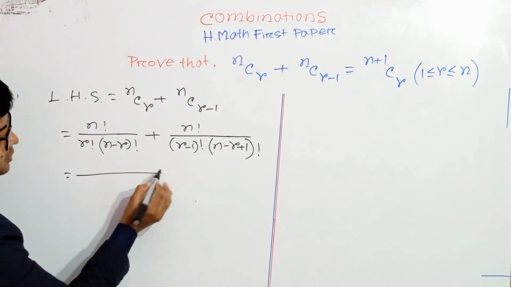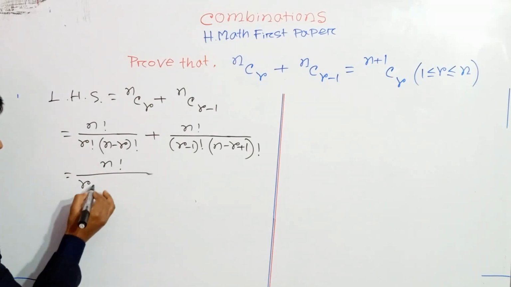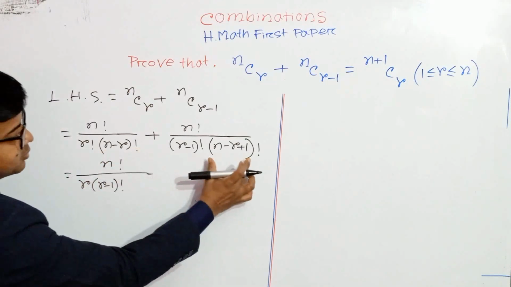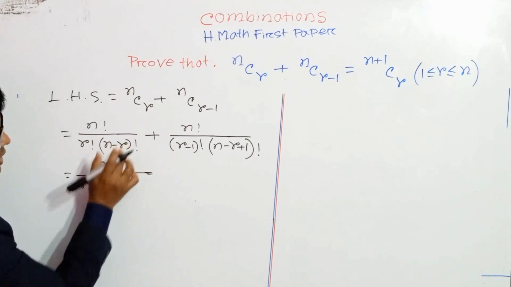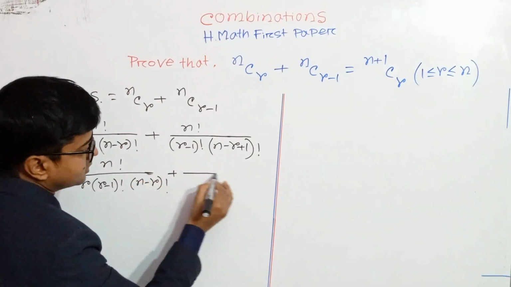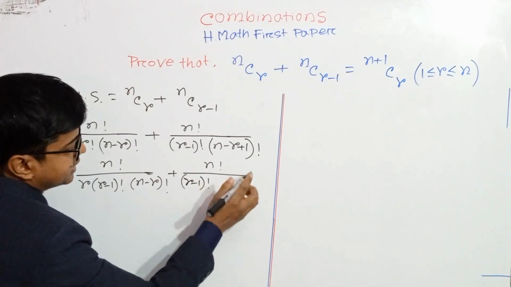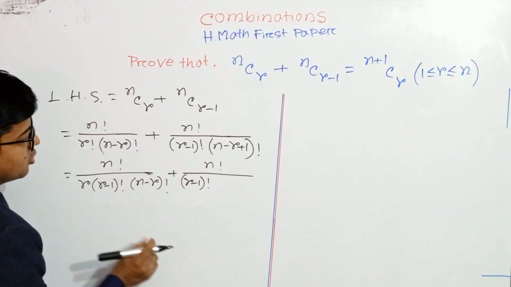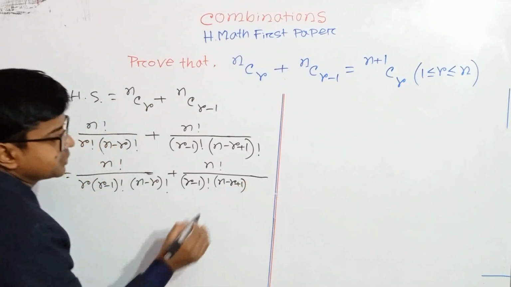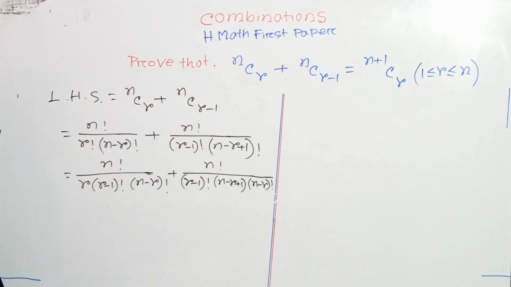So we can write here factorial n by r into factorial r minus 1, and from this part factorial n minus r, plus factorial n by factorial r minus 1, and from this part n minus r plus 1 into factorial n minus r. My dear students, look at this.